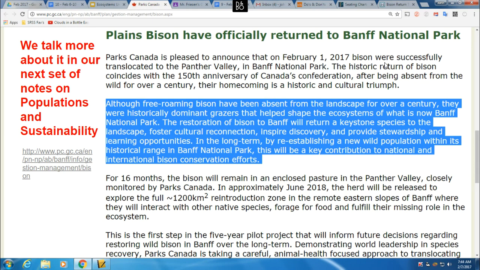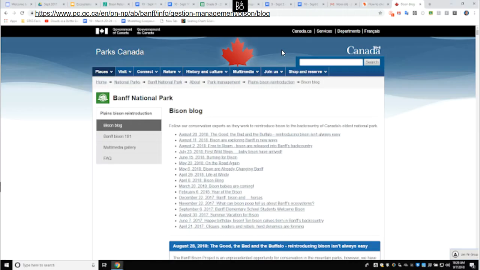In the long term, by re-establishing a new wild population within the historical range of Banff National Park, this will be a key contribution to national and to international bison conservation efforts. Right, this is the Parks Canada blog.